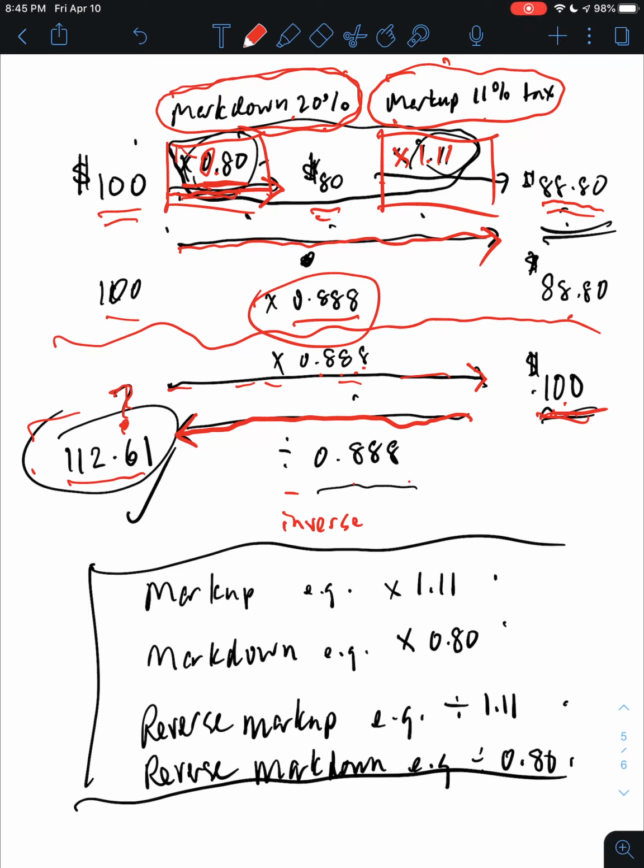That is the maximum sticker price that I can pay. And you can verify that. You can verify that if I have a sticker price of 112.61, I find my 80% markdown. That's a 20% markdown, multiplied by 0.8. Then I have an 11% markup for the tax, and we should be close to, if not exactly right on, $100.